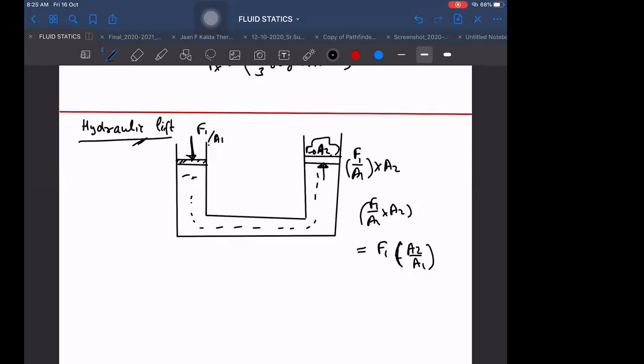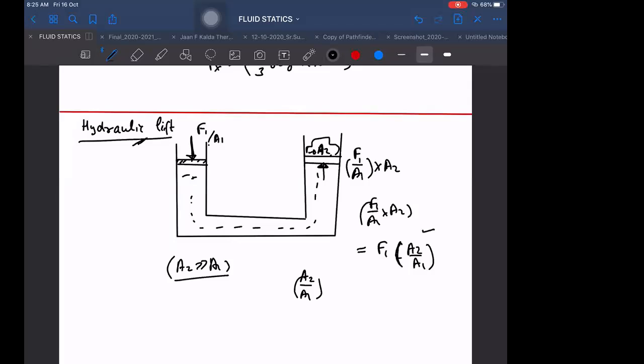We can lift such heavy weight also because the force gets multiplied by what factor? A2 is greater than A1. For lifting, A2 is much greater than A1. Okay. No, sir. For lifting, they use some device, no, sir, that they keep below the car. That is a different thing.